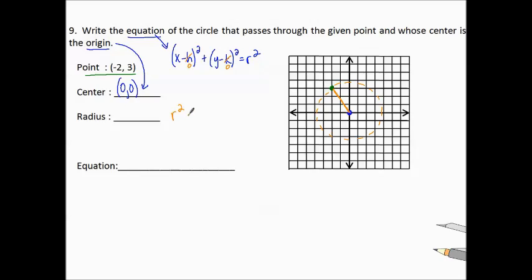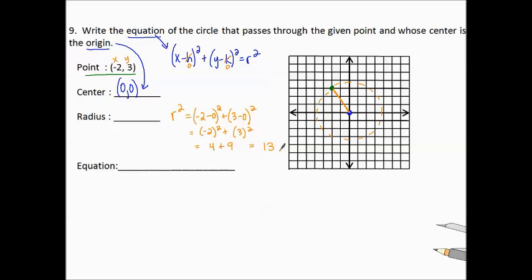So if I want r², this is my x and this is my y: (-2 - 0)² + (3 - 0)². This is (-2)² plus 3², or 4 plus 9, which makes 13.